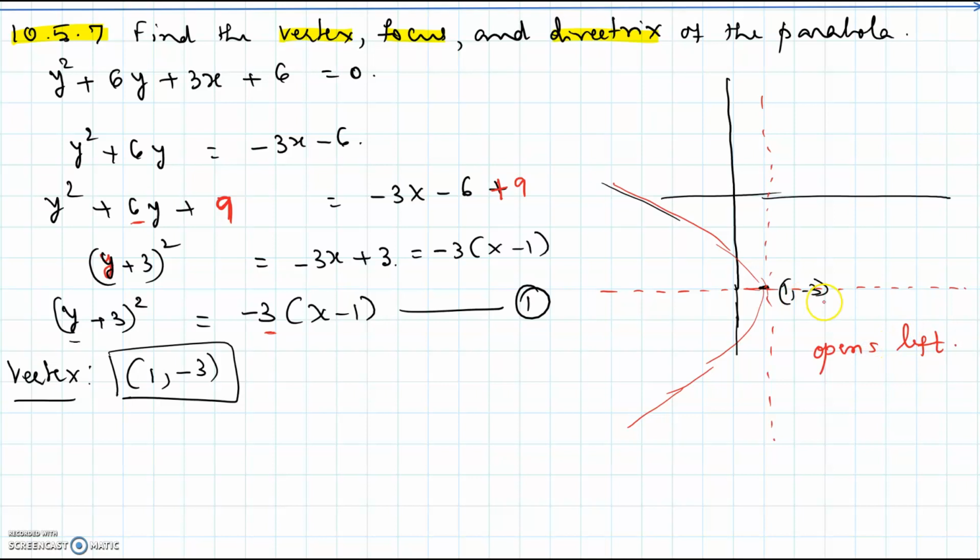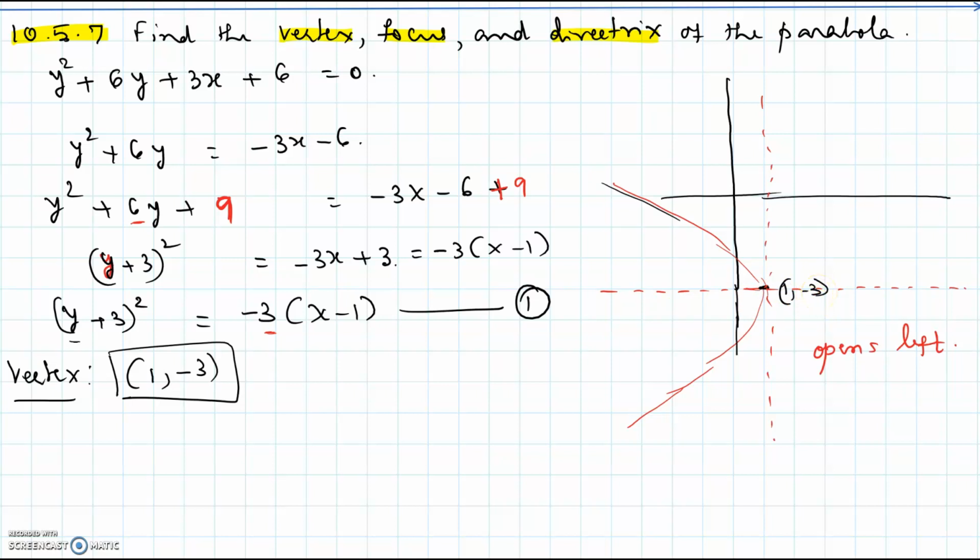So the vertex of the parabola is (1, negative 3), and we know that the focus and the vertex lie on the same axis of the parabola, which is passing through the point (1, negative 3). So the focus is to the left of the vertex here.